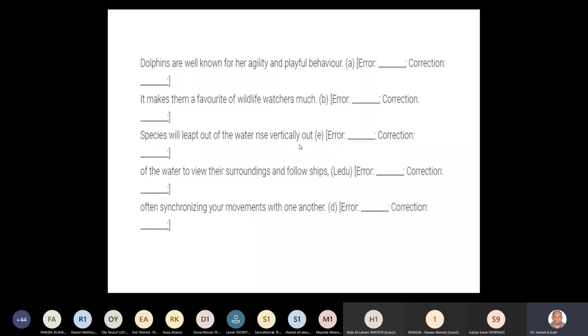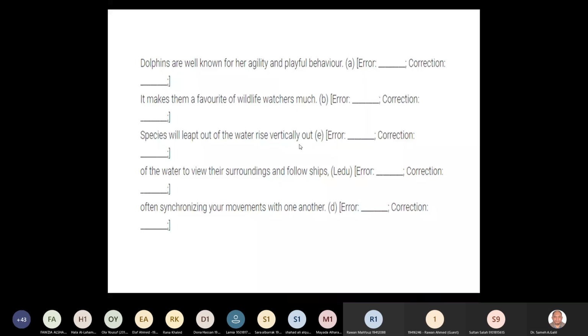Hello? Agility, I think. So you're going to keep agility and mess with playful, or you're going to change agility? No. Change playful. Oh, change agility. Let's go with her logic.